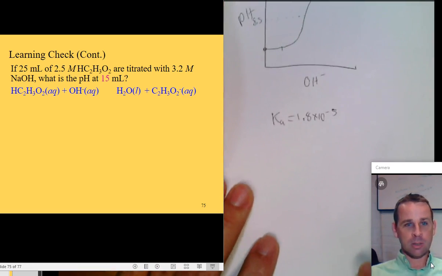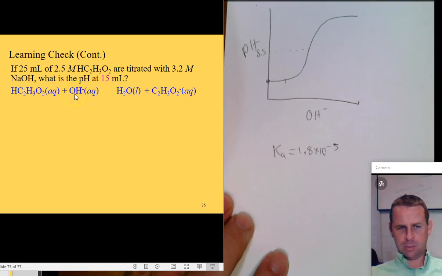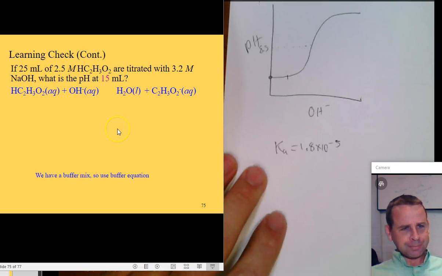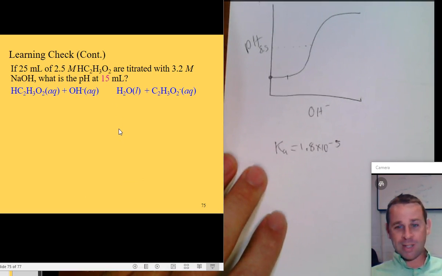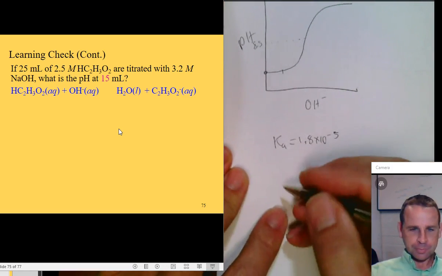If we do an ICE table, it'll have to contain an initial concentration of this stuff and this stuff as well, and then we do an equilibrium to find out how much H3O plus ion is dissociating.